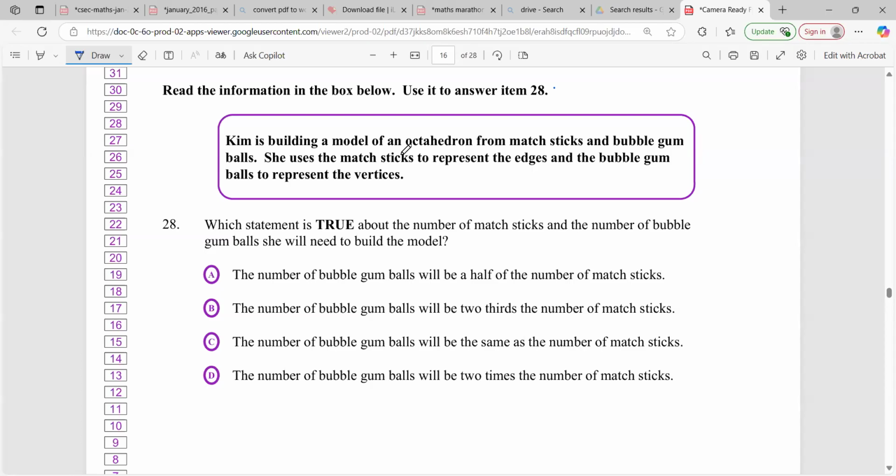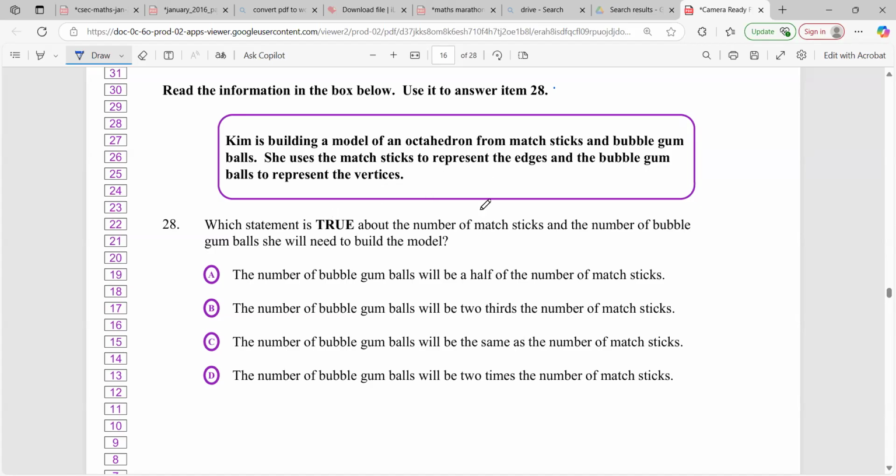Tim is building a model of an octahedron from matchsticks and bubble gum. She uses the matchsticks to represent the edges, and the bubble gum represents the vertices.